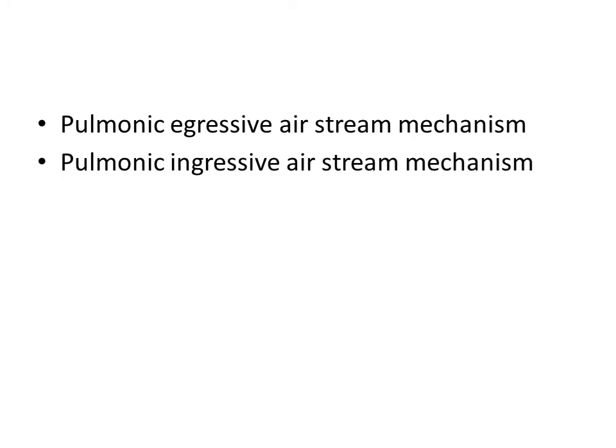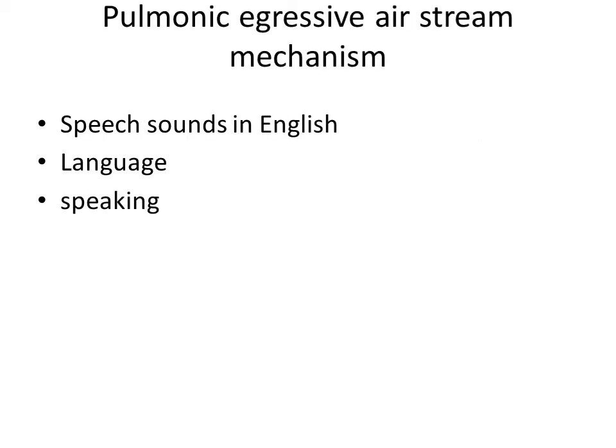And I told you the pulmonic airstream mechanism has been divided into two: pulmonic egressive airstream mechanism and pulmonic ingressive airstream mechanism. The pulmonic egressive airstream mechanism is used in most of the languages to produce speech sounds.